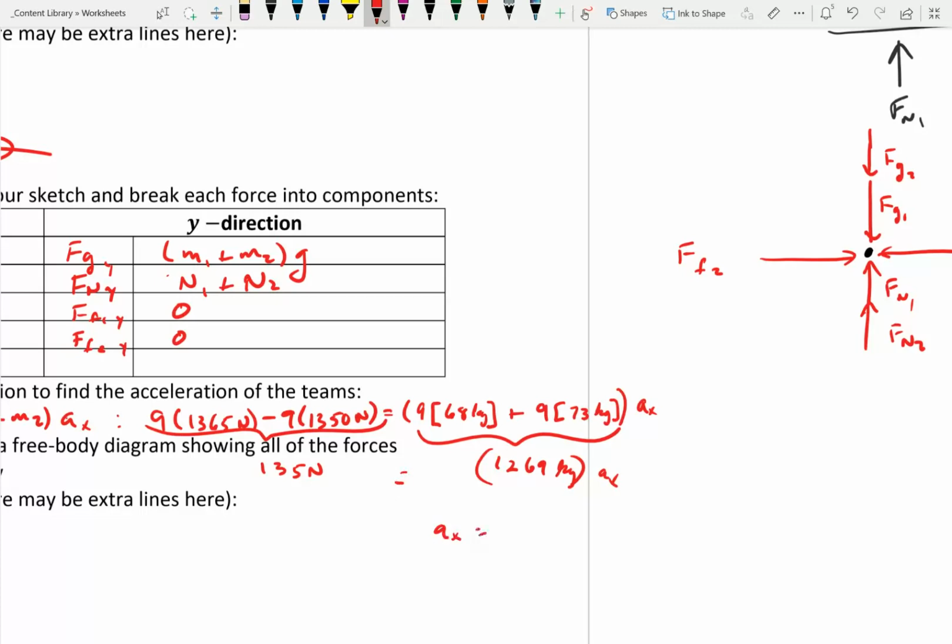So Ax is equal to 135 newtons over 1269 kilograms. And that should be 0.1064 meters per second squared.